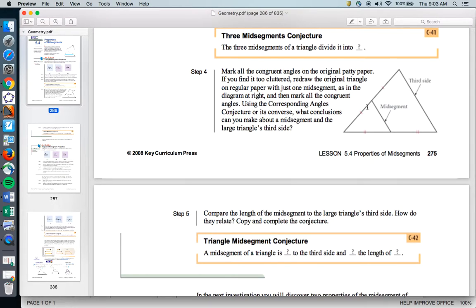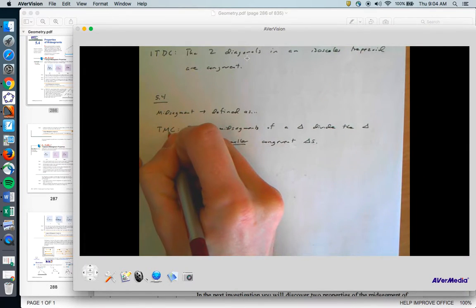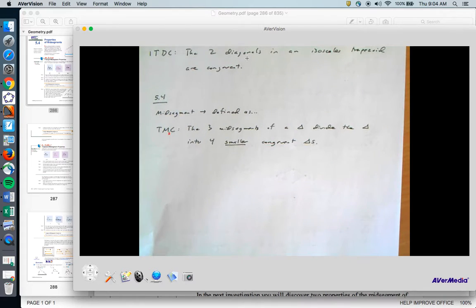We can kind of see we've got these corresponding congruent angles, and it's half the length of it. So maybe we put this little s in here. This is the midsegments conjecture.